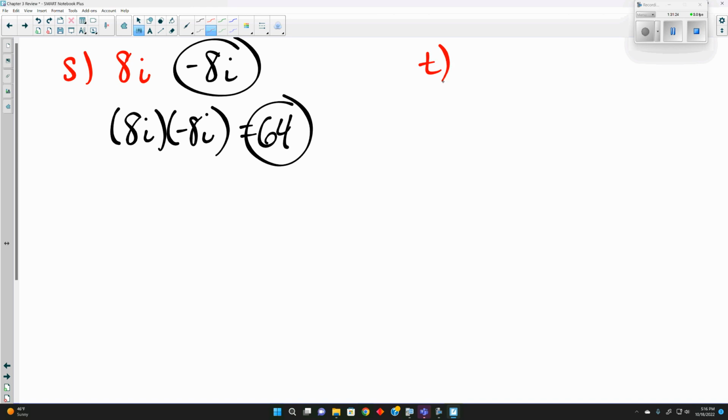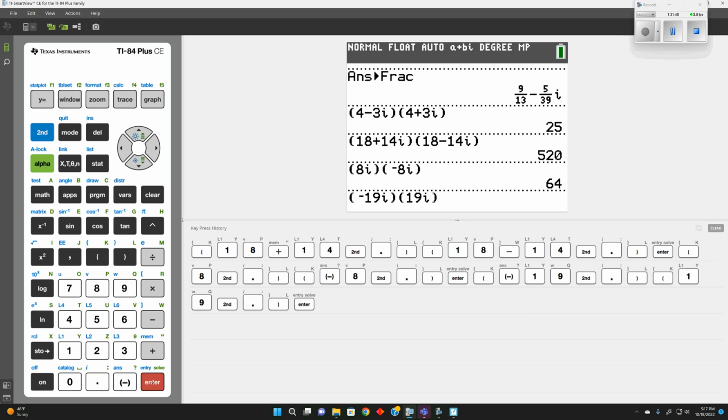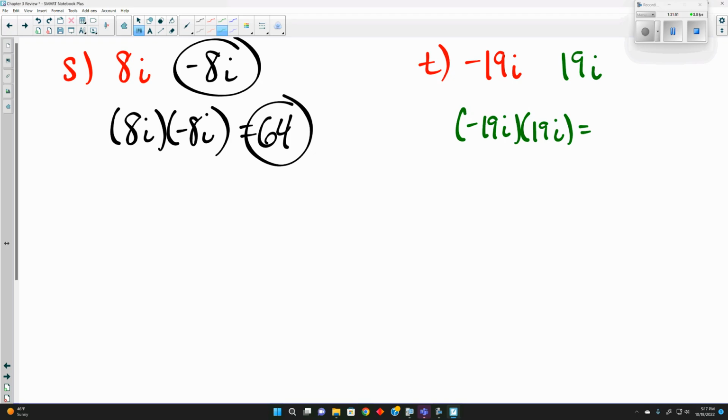And that brings us to the last part, T. Now they gave us negative 19i. So switch the sign in front of i, which would be 19i. And our last part is to multiply them together. Parentheses, negative 19 second i times 19i. Enter is 361. And that is everything that is going to be on the test.